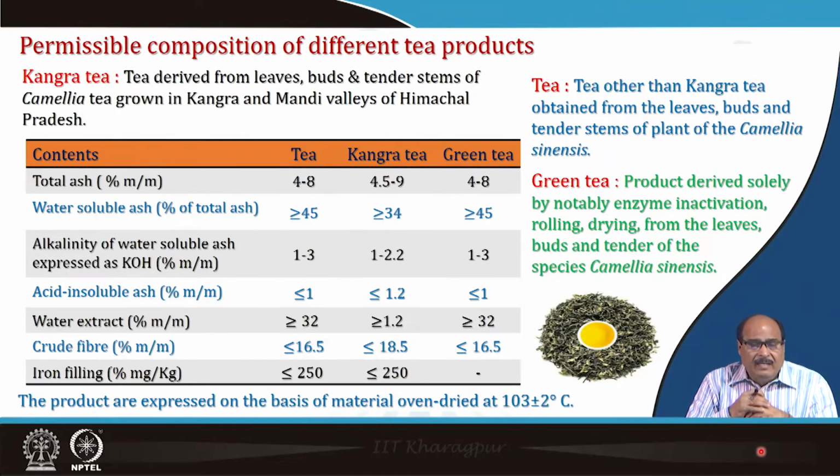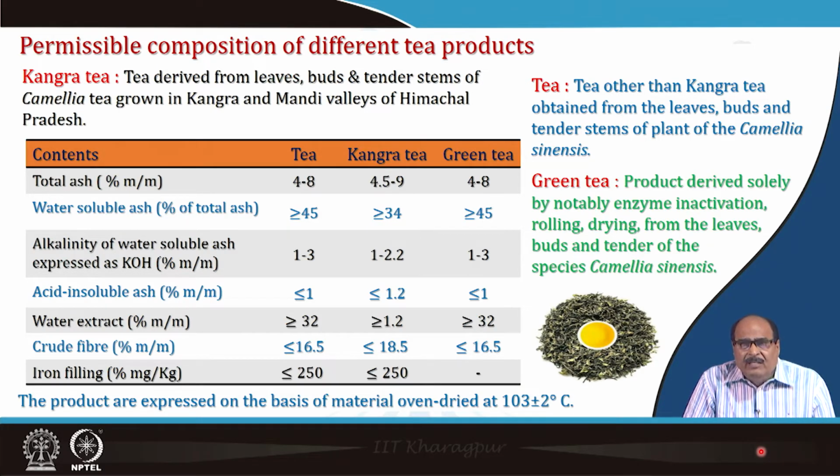Okay. Similarly, the different permissible composition or standards are made for different tea products, like Kangra tea or normal tea or green tea. In the FSSAI guideline, Kangra tea is the tea derived from leaves, buds and tender stems of the Camellia tea grown in Kangra and Mandi valleys of Himachal Pradesh, whereas the other tea, that is the tea other than Kangra, is obtained from the leaves, buds and tender stems of plants of Camellia sinensis.